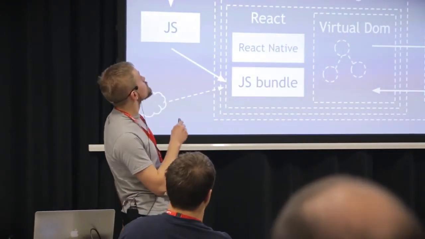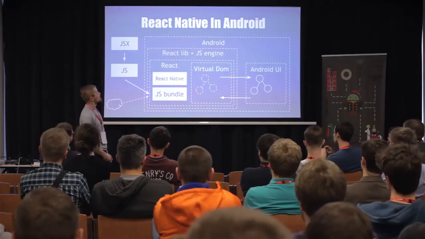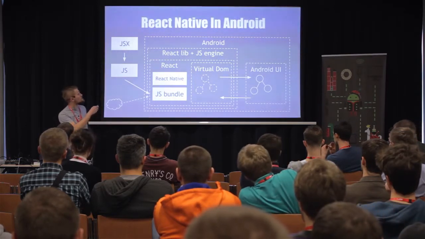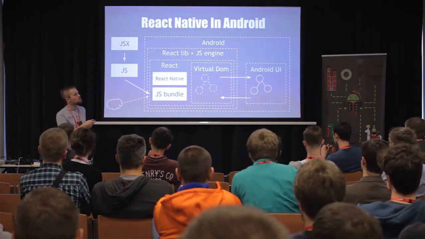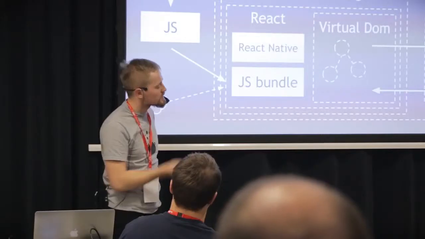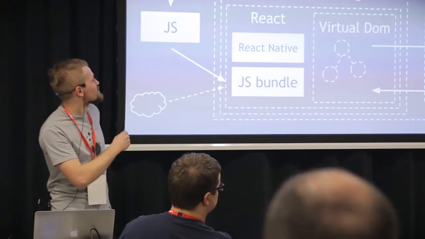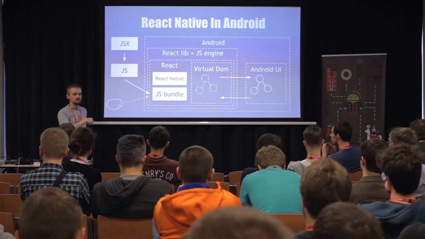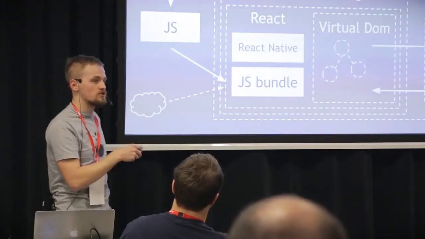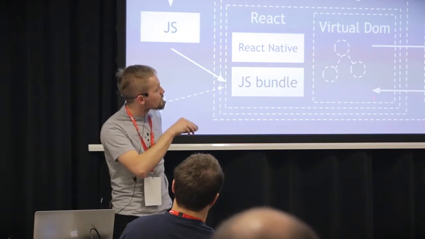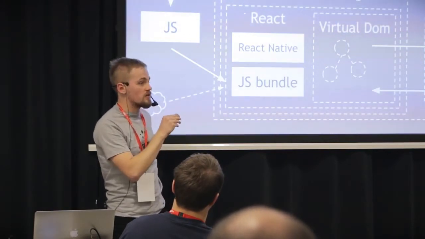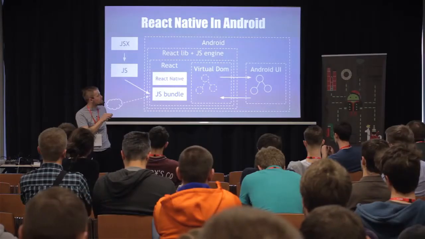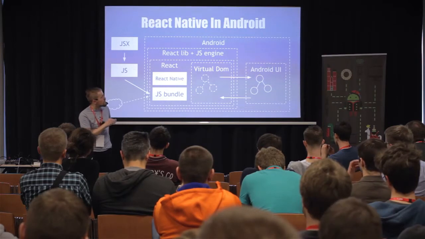At the start, we are writing JSX, and the Facebook library compiles, let's say compiles for now, to JS, and after that it bundles the JS and some resources into a JS bundle, which lives in the app with the React Native environment.